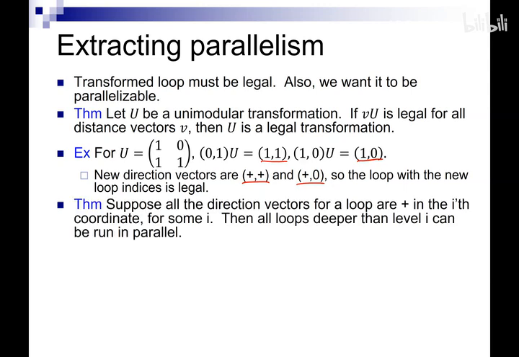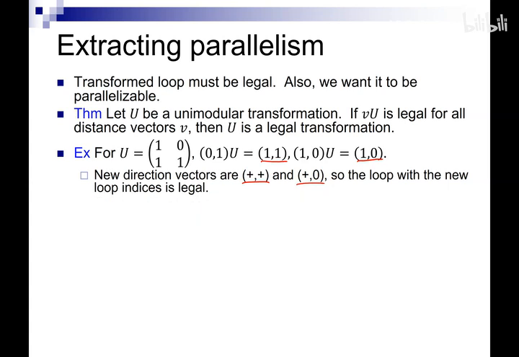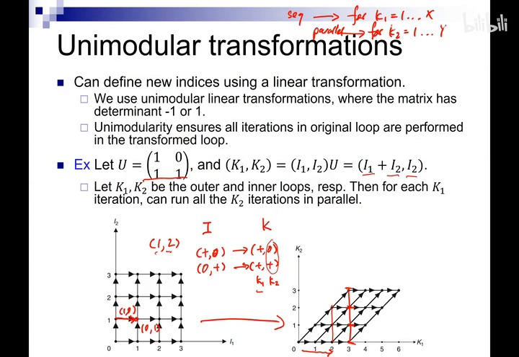Now this is summarizing the second thing we said: if you have one of these coordinates, the k1 coordinate, and all of these are positive over here, then you can parallelize on all of the lower coordinates. Here you just have a singly nested for loop. However, you could imagine there are more coordinates, like k3.